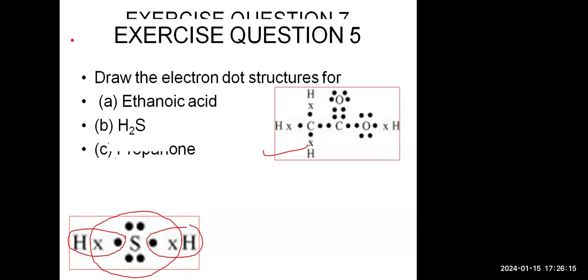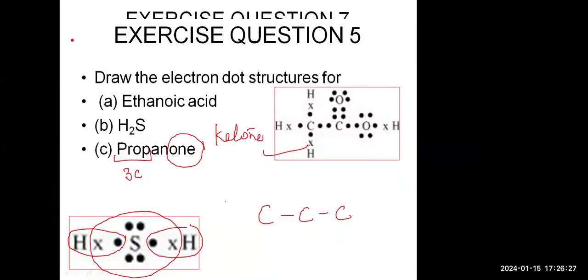Then propanone. Propane has 3 carbon atoms, so 1, 2, and 3. And one is ketone. Ketone is C double bond O. So let us put the double bond O over here, and 3 hydrogen atoms with the first carbon and 3 hydrogen atoms with the last carbon.